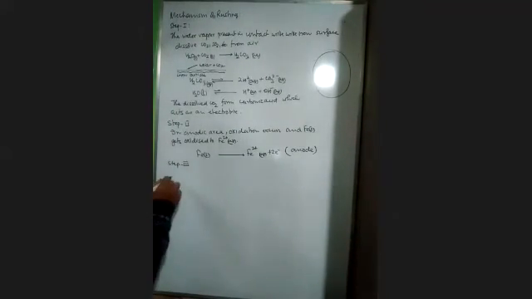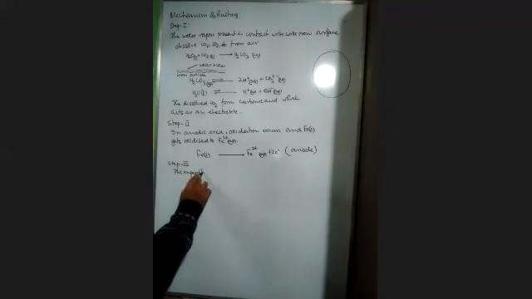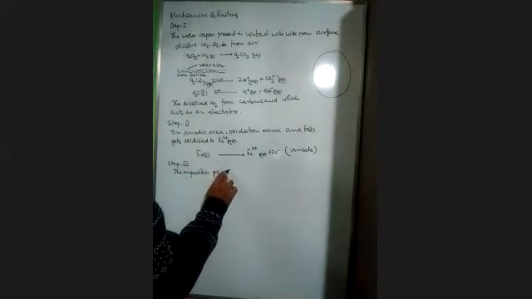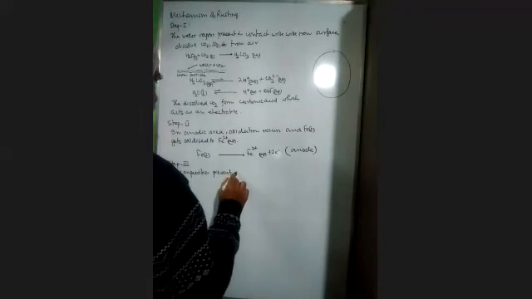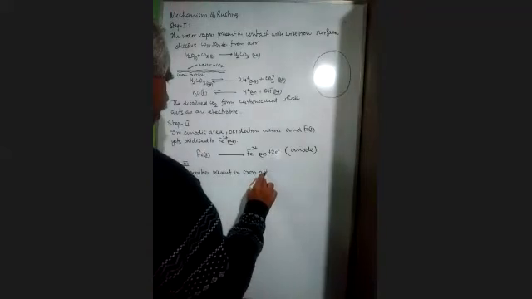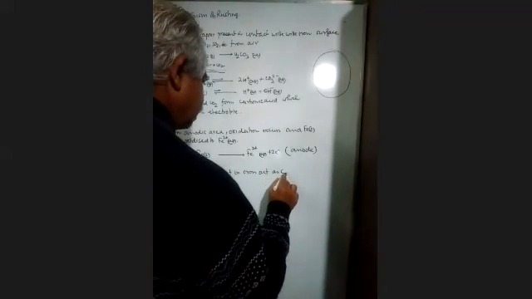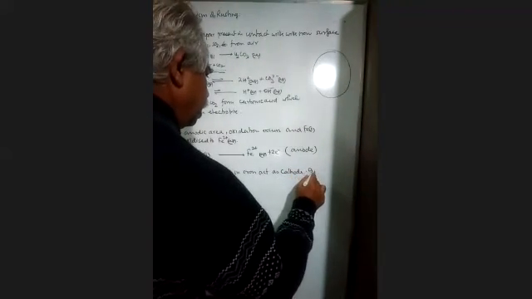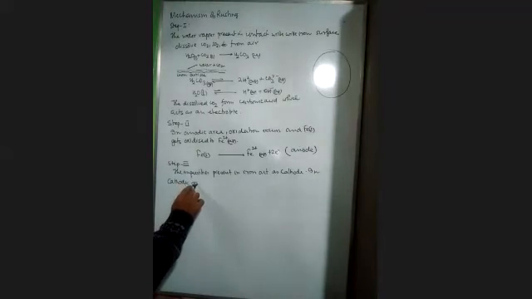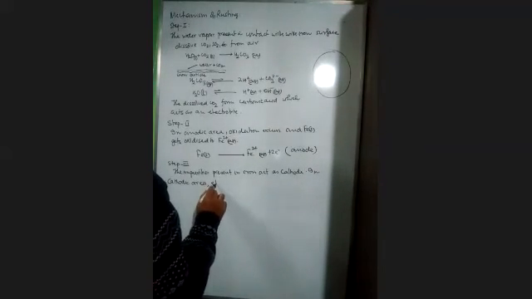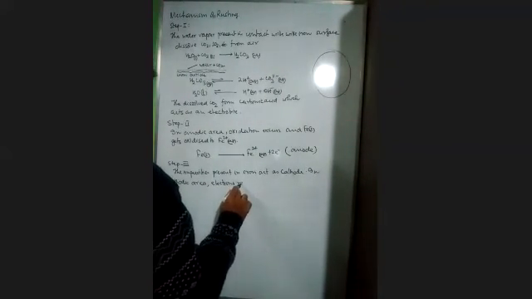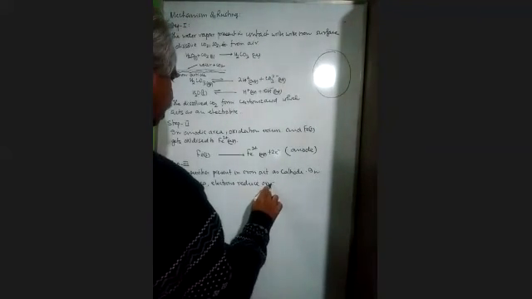Step 3. The impurities present in iron act as cathode. In the cathodic area, electrons reduce oxygen. Oxygen is going to take electrons now.